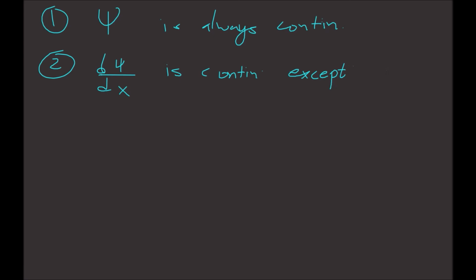So the derivative of psi with respect to x is not continuous at v of x equal to infinity, or when x equal to 0. This is the same thing, right?